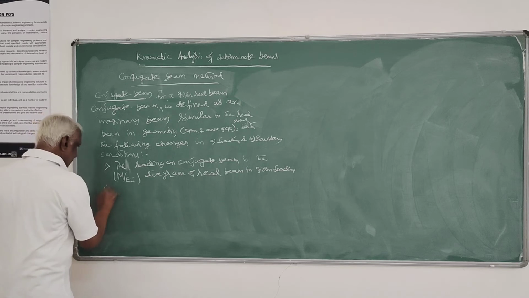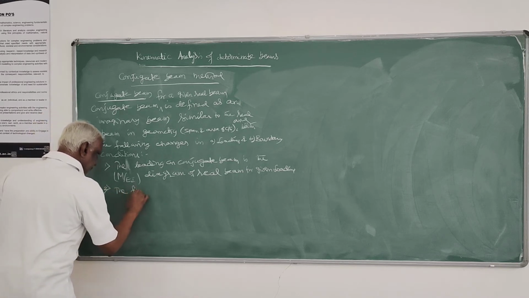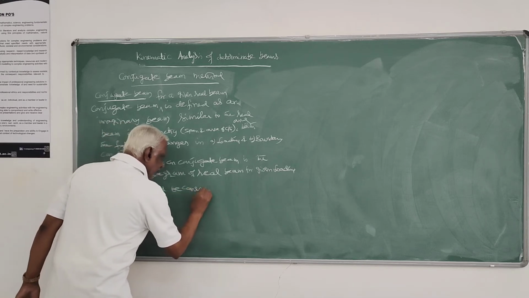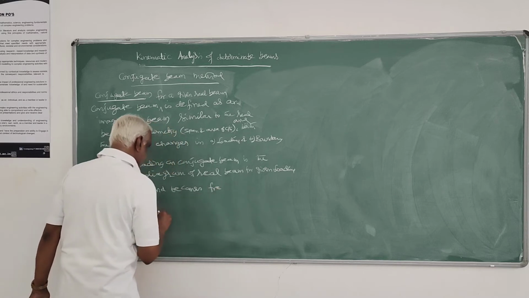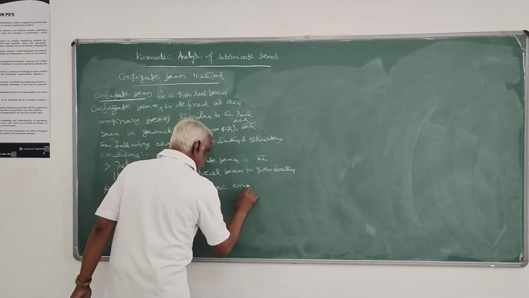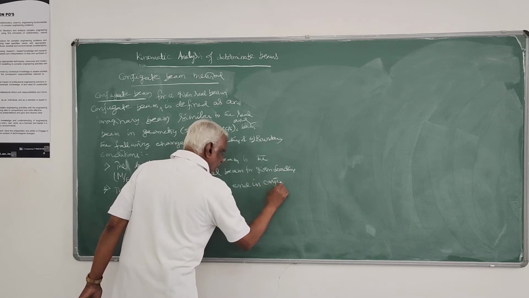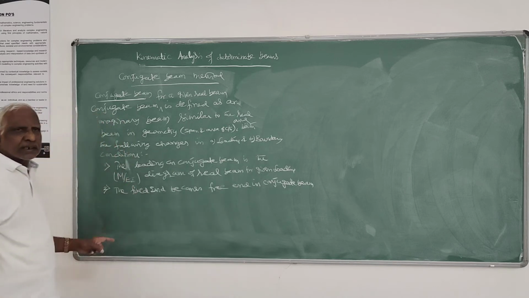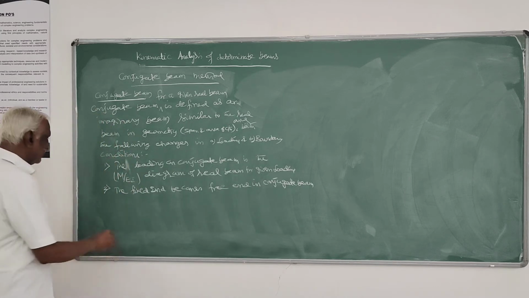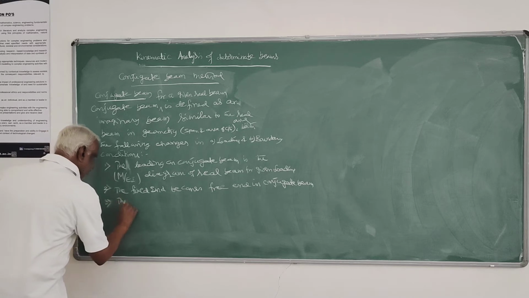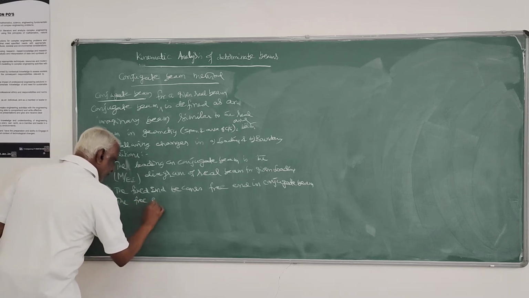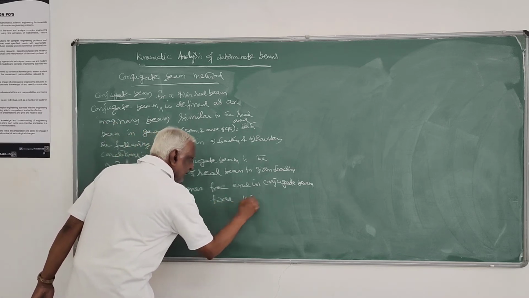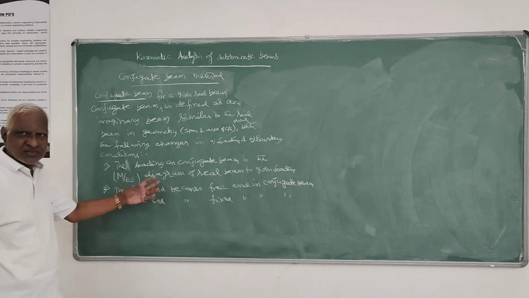Then the second change: the fixed end becomes a free end. The fixed end in the real beam becomes a free end in the conjugate beam. Similarly, the free end becomes a fixed end in the conjugate beam, or vice versa.